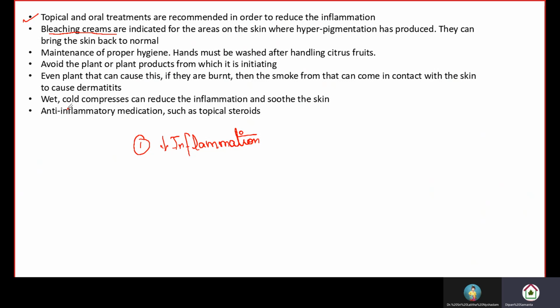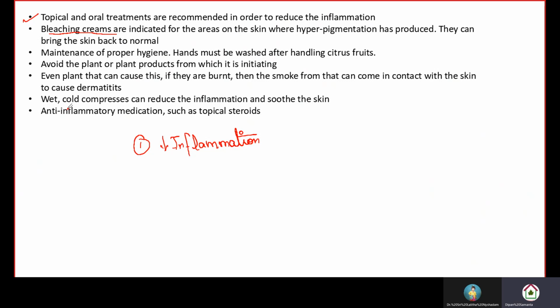Otherwise, we use fruit with the hand, and touch other places without washing the hand. From that, the chemicals from the plants or citrus fruits will reach those places.